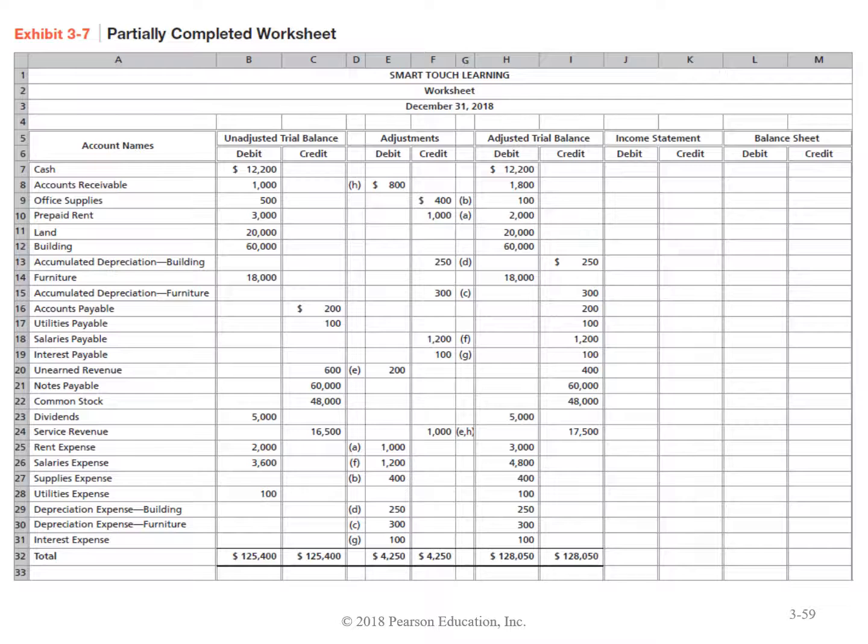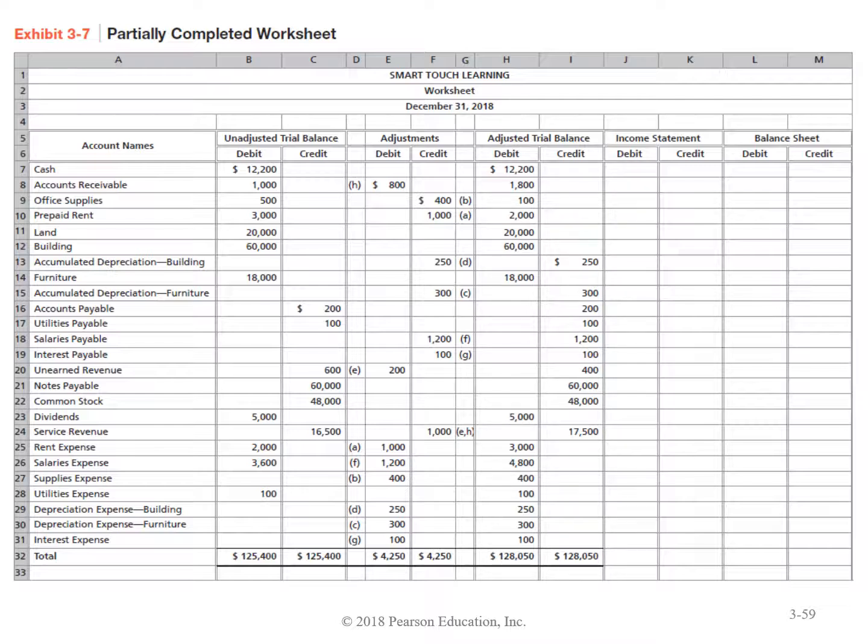So here's your unadjusted trial balance. It's still in balance. And then these are your adjustments. So let me show you how this works. Let's find letter A for 1,000. So it's in the debit column. We debited rent expense for 1,000.